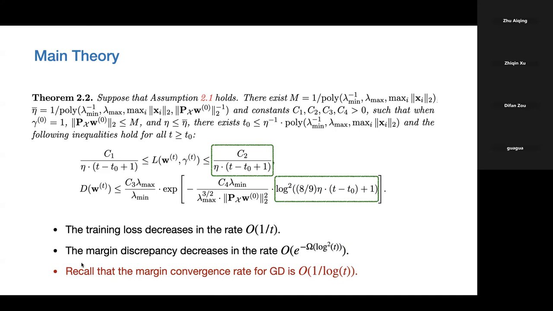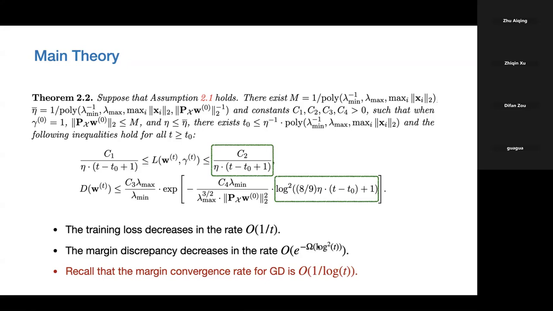And the good thing is that we can characterize the margin discrepancy convergence rate, which is exponential in minus log squared of t, which is very rapid compared to the margin convergence rate for gradient descent, which is 1 over log of t.